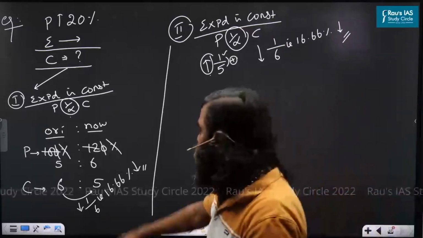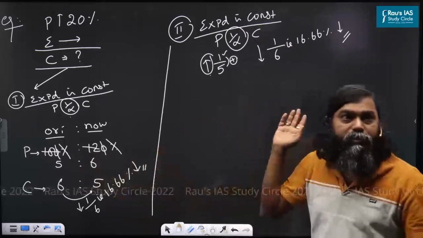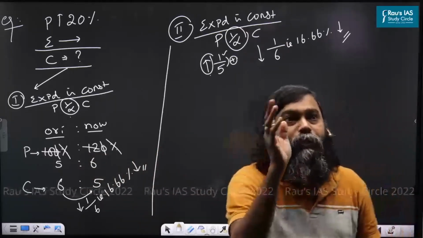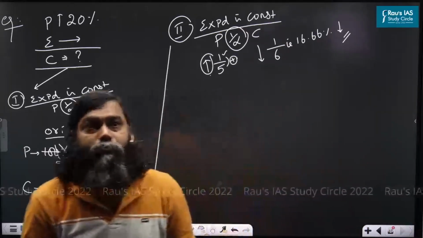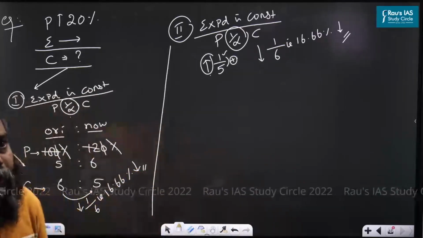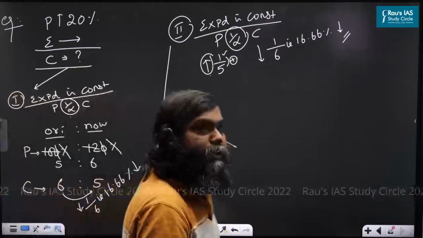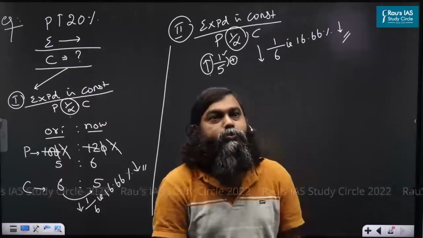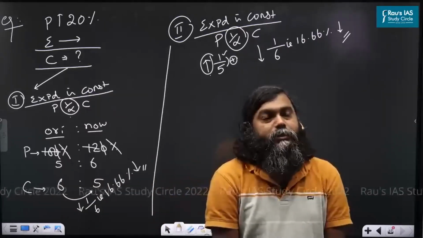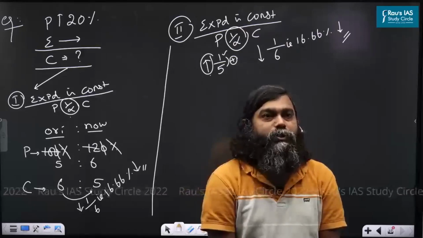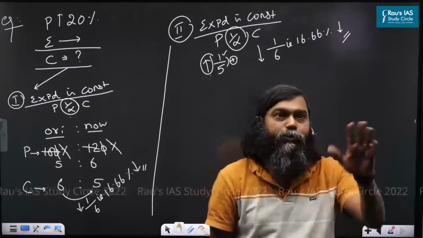Either you can prefer this interpretation or you can prefer that interpretation, whichever you feel convenient. Getting this? Now, for successive changes, if you decide this question is suitable for successive changes, then out of 4 interpretations, which interpretation you can prefer? That is up to you.